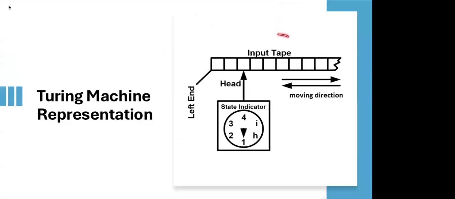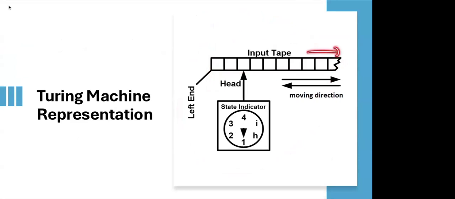So the Turing machine representation is like this. So we still have the input tape and we have a left end. So left end here means, well, I said that a Turing machine can move forward and backward, right? But if we want to move backward, we have a limitation that we cannot go backward from the left end.